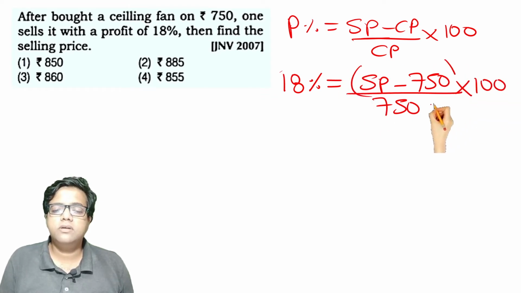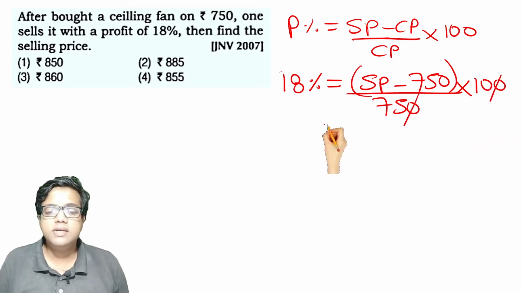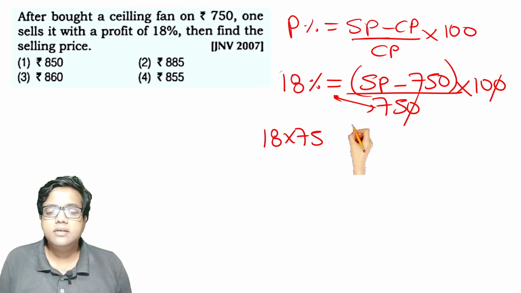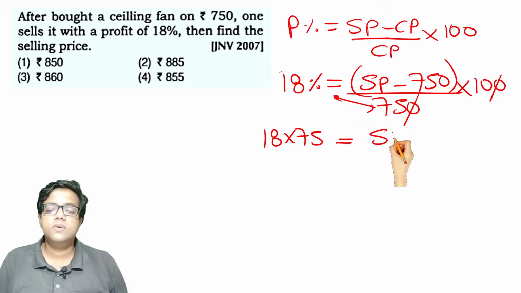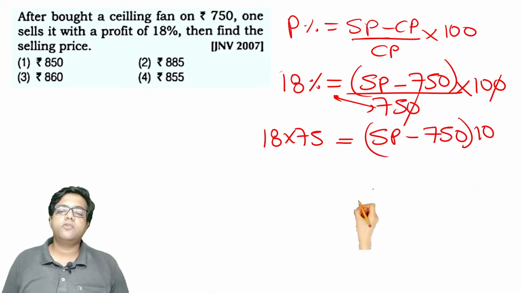So this is the equation that we will get. Just solve the equation. The zeros cancel away, so this becomes 18 into 75. Cross multiply, right? 18 into 75 is equal to selling price minus 750, into 10 is there. You should not forget this 10.